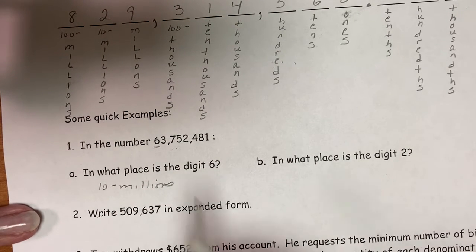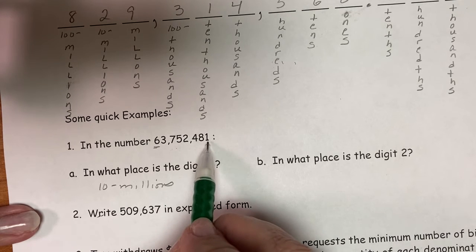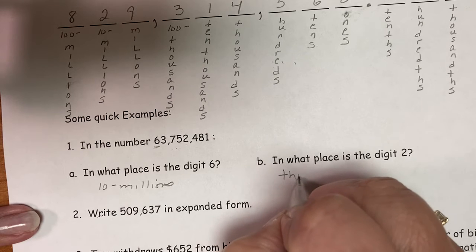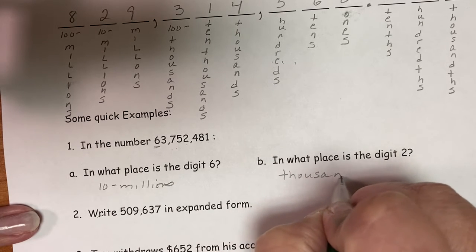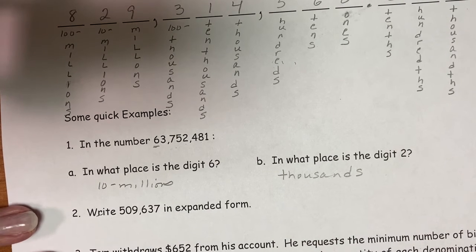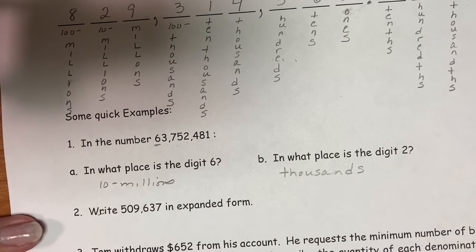What place is the 2 in? Well, if you look at the 2, again, this is ones, tens, hundreds. This would be in the thousands place. So that's a little practice with our place values.